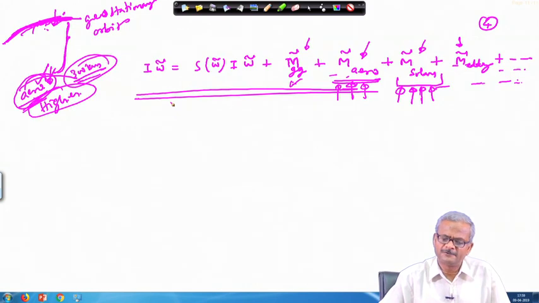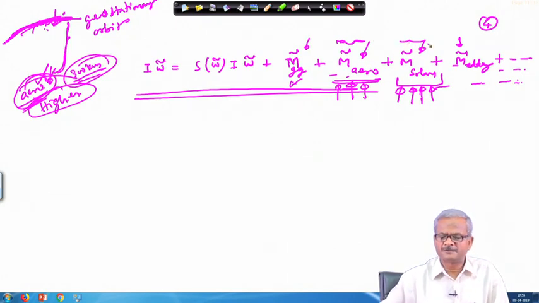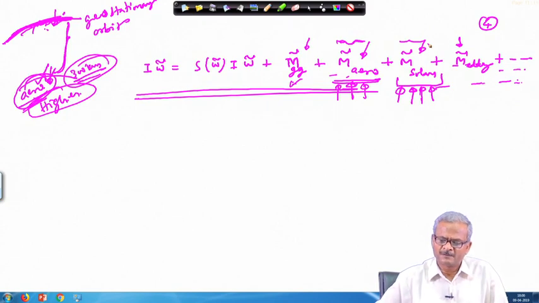Otherwise, you can look into the system behavior over a long period of time, without the aerodynamic torque and solar radiation torque, and with the added aerodynamic torque and added solar radiation torque. A multi-stage simulation you can do, and then you can check what is the effect over a long period of time.